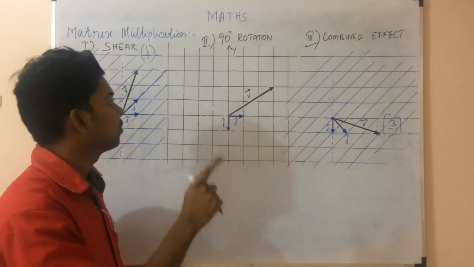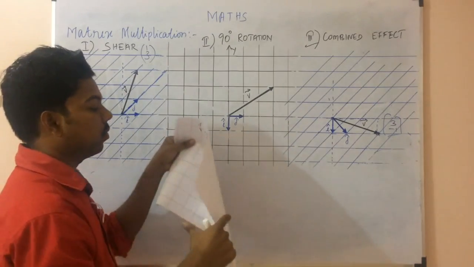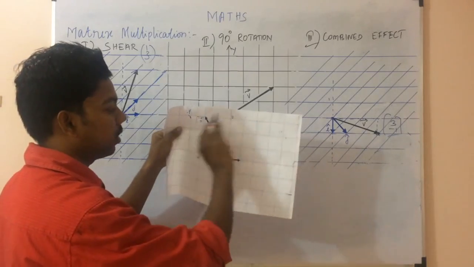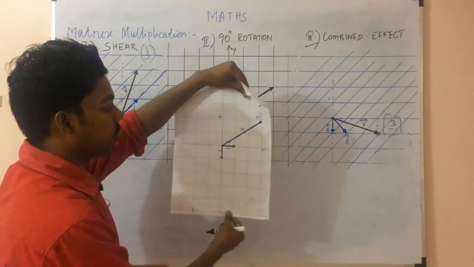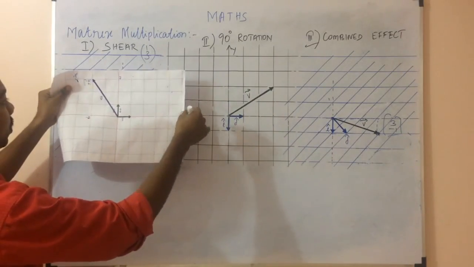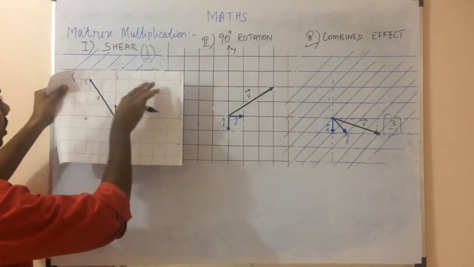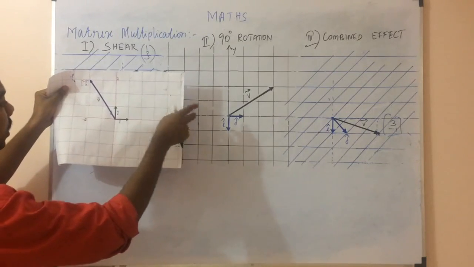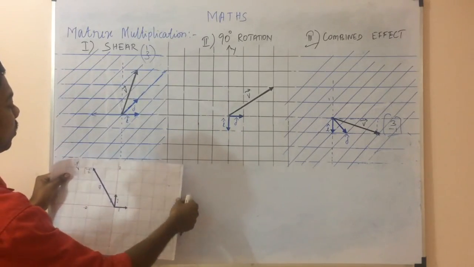One way is, first I am going to shear this plane and then I am going to rotate. Okay, so now this is the initial position. Now I am going to shear the plane.